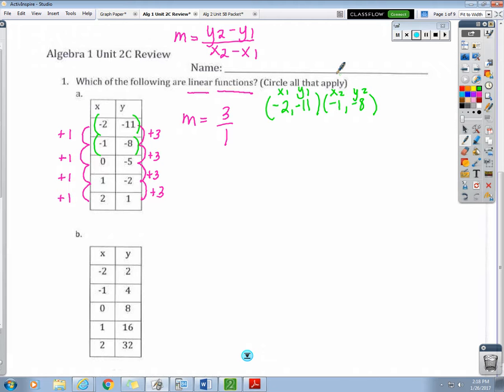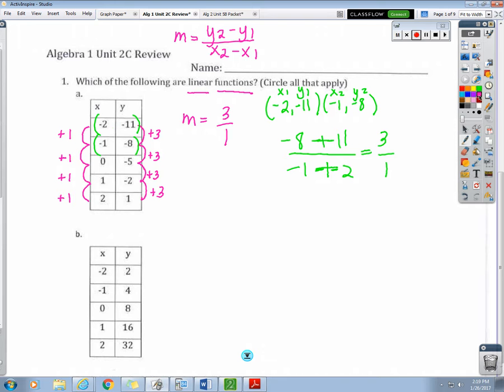So when you plug them in the slope formula, it would be -8 minus -11 over -1 minus -2. That becomes a plus, because a minus a negative is a positive, and -8 plus 11 is 3. Same thing we got when we looked at the pattern. -1 plus 2 is a +1. Same thing we got when we looked at the pattern.